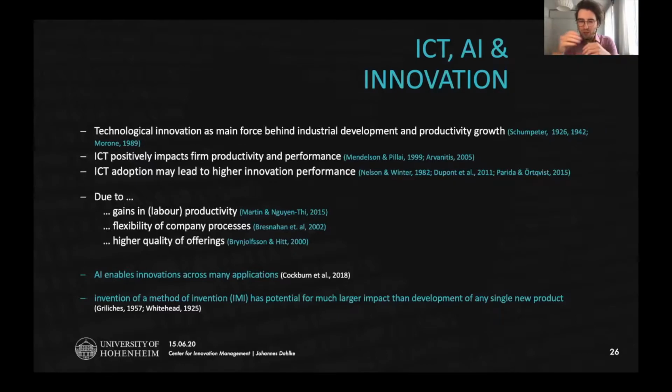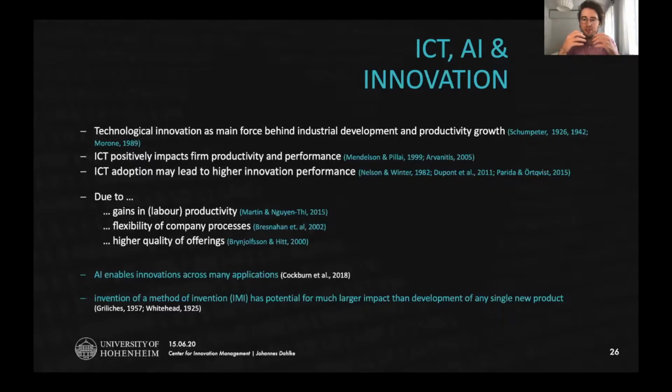So I'm sure you're well aware that in evolutionary economics, technological innovation is seen as the main driver behind industrial development and productivity growth within our economy. Now, taking this as a baseline, in the new millennium, we saw a lot of studies coming up examining the effects of information communication technologies on the company level and also on the sectoral or national level.